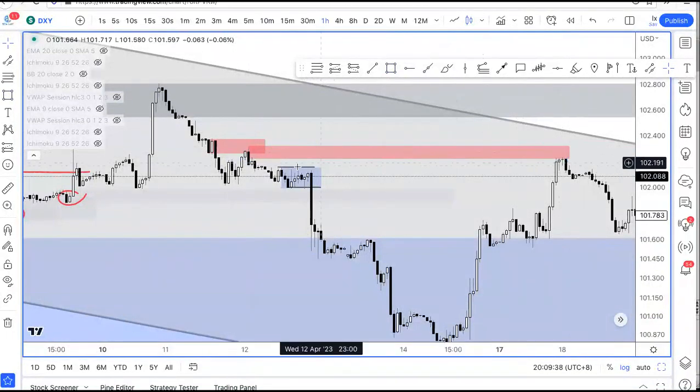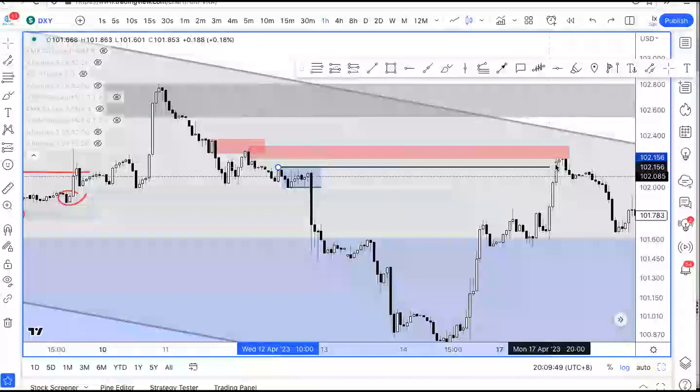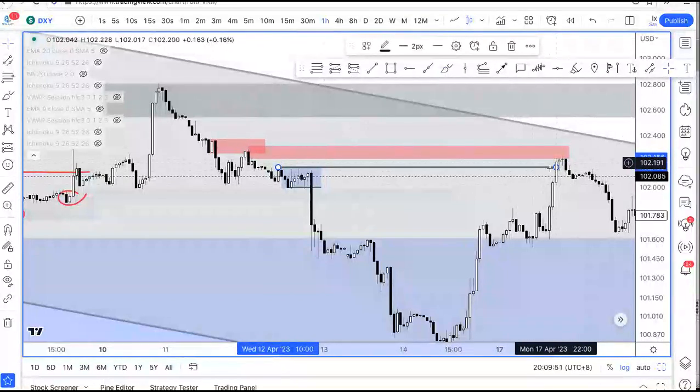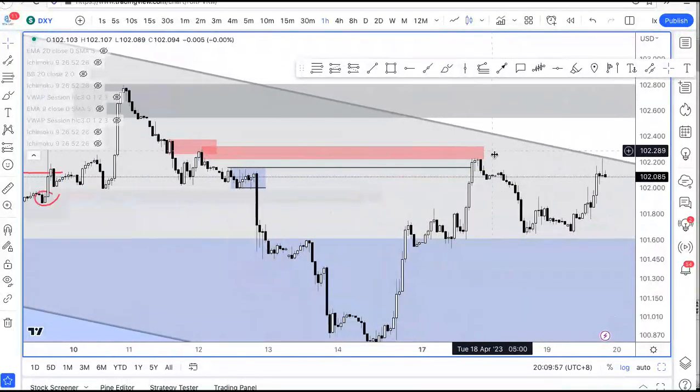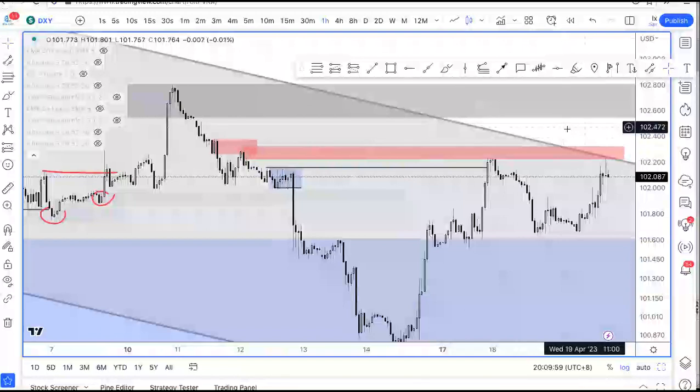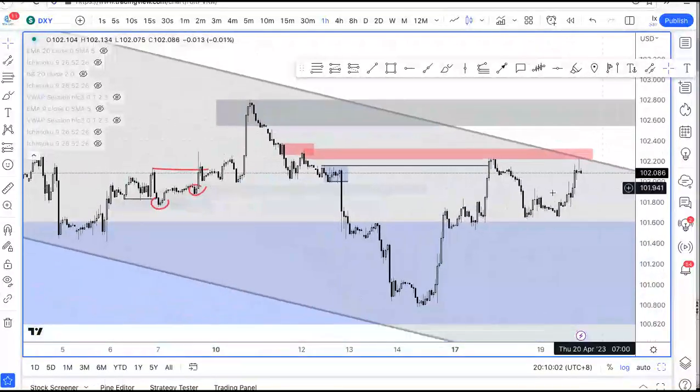In this case, this area that we had that tested the support didn't come into this supply zone, just broke right through. This then serves as an area of liquidity, where there are orders lying slightly above the zone. Then you can see that price came into the supply zone again. If I extend this across, you can see that this supply region still holds.